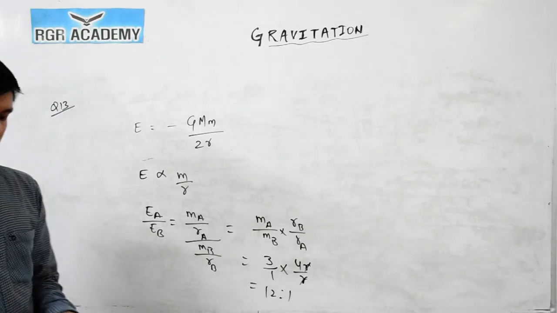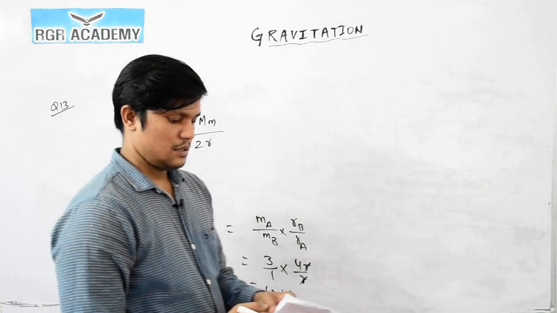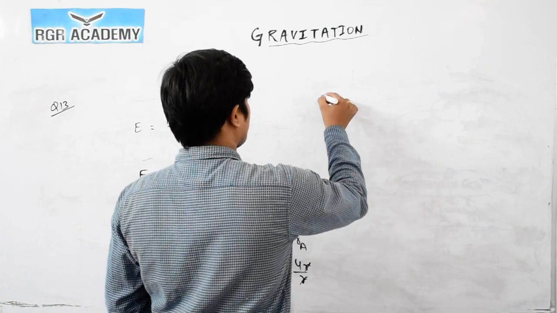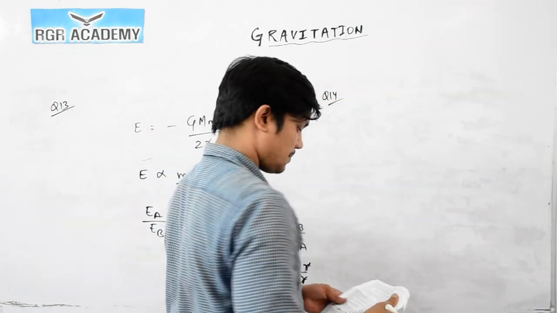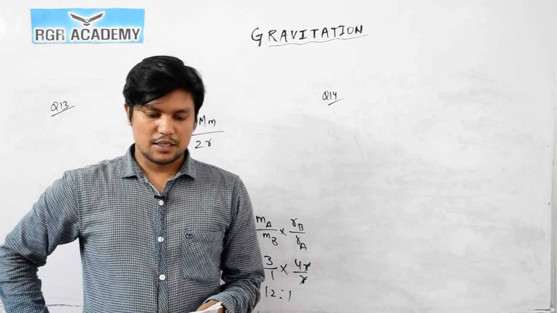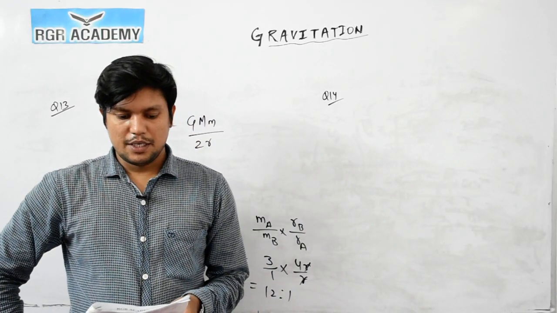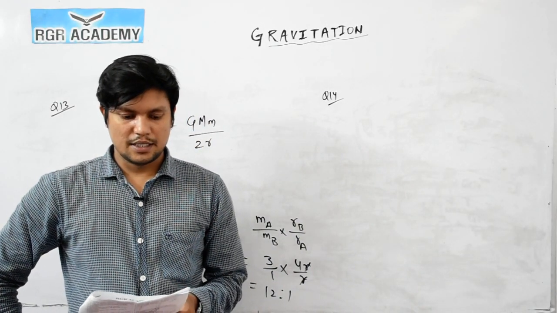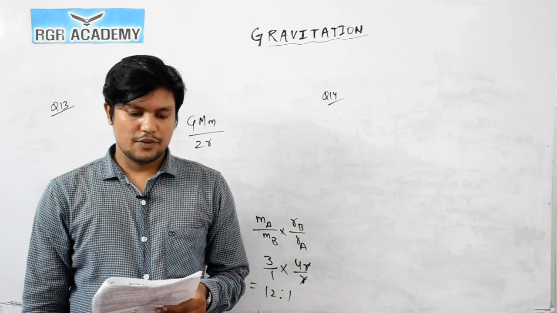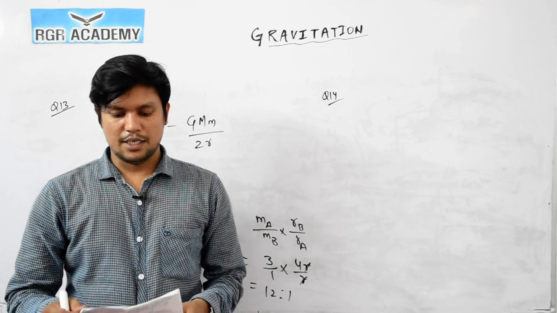Now question number 14. The mean radius of the earth is R, its angular speed on its axis is omega, and the acceleration due to gravity on the surface is g. We need the cube of the radius of the orbit of a geostationary satellite.